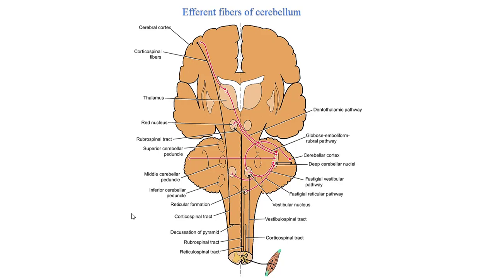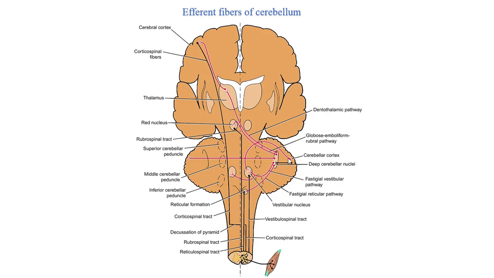Cerebellum provides output to red nucleus, thalamus, vestibular nuclei, and reticular formation through efferent fibers via Purkinje cells. Majority of axons of Purkinje cells synapse with neurons of intracerebellar nuclei, which in turn project to other parts of nervous system.